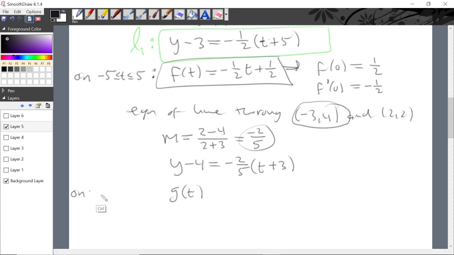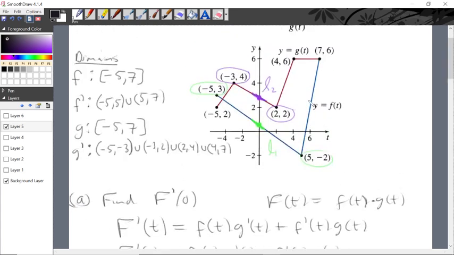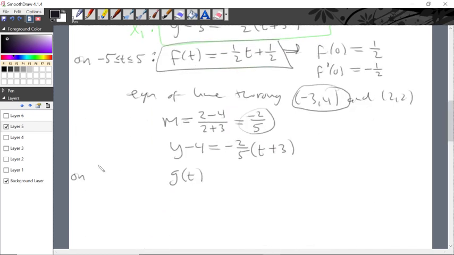Now, for g of t, we're defining it along this segment, between -3 and +2. So on -3 ≤ t ≤ 2, g of t is equal to -2/5 t minus 6/5, and then add 4. 4 is equal to 20/5, so 20/5 minus 6/5 is plus 14/5.